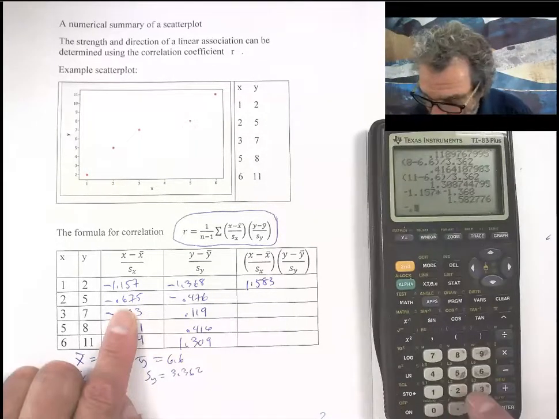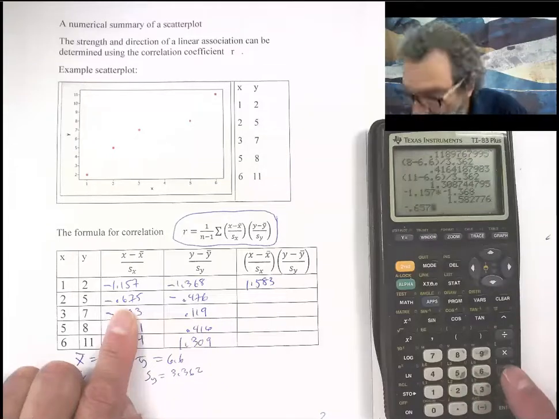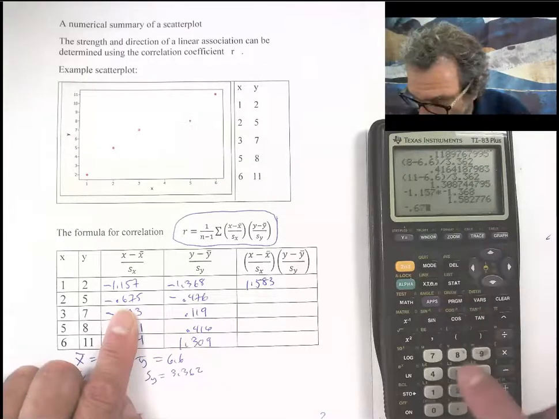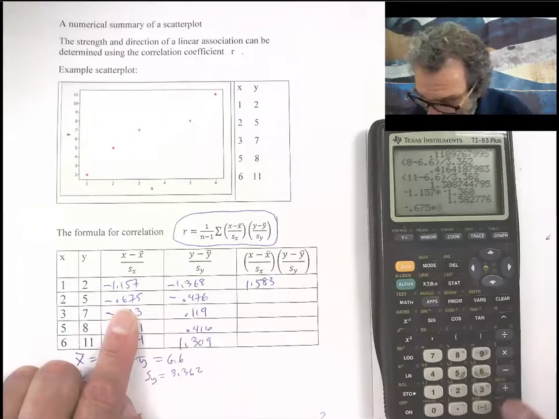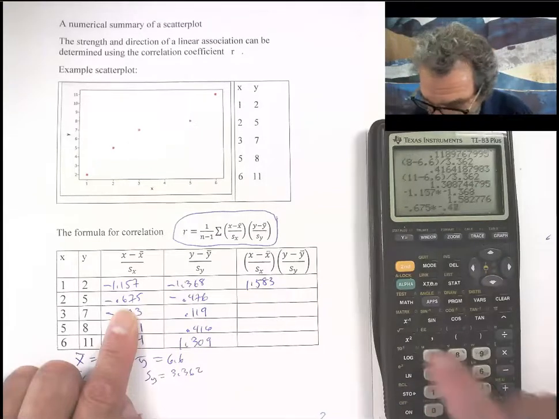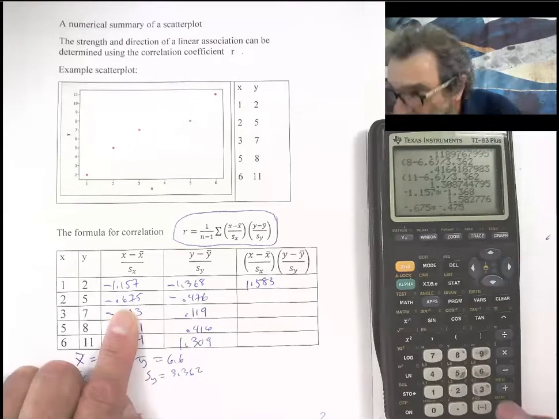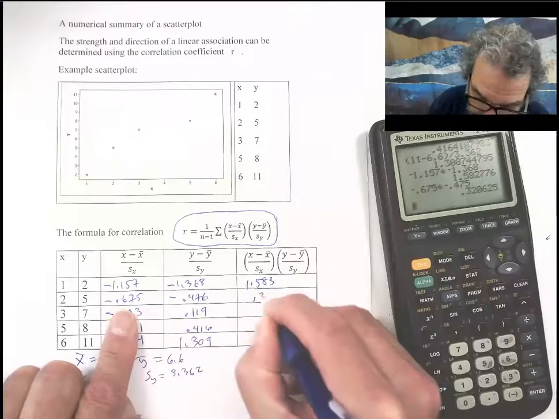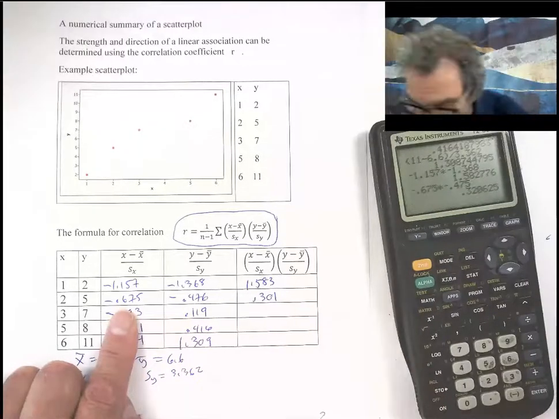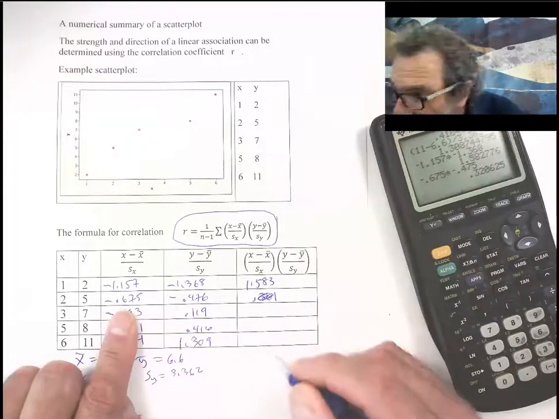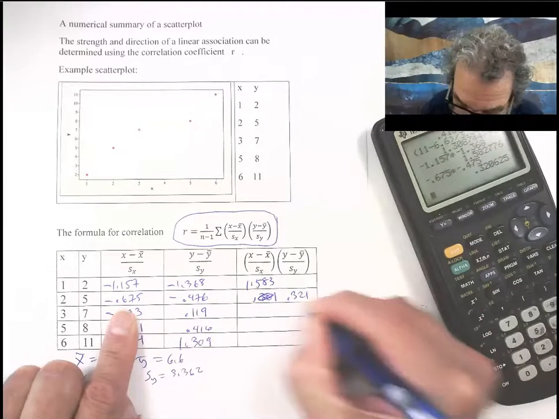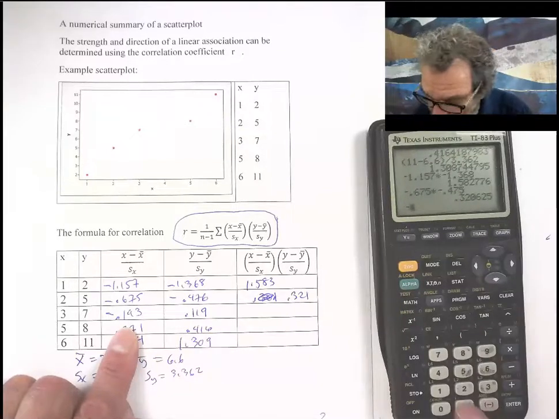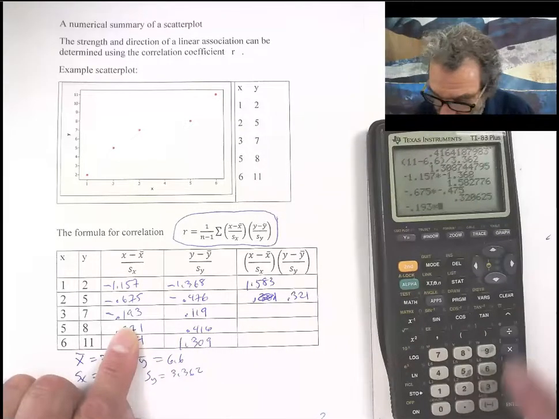Minus 0.675 times minus 0.583. 0.321. Okay, and then minus 0.193 times 0.119.